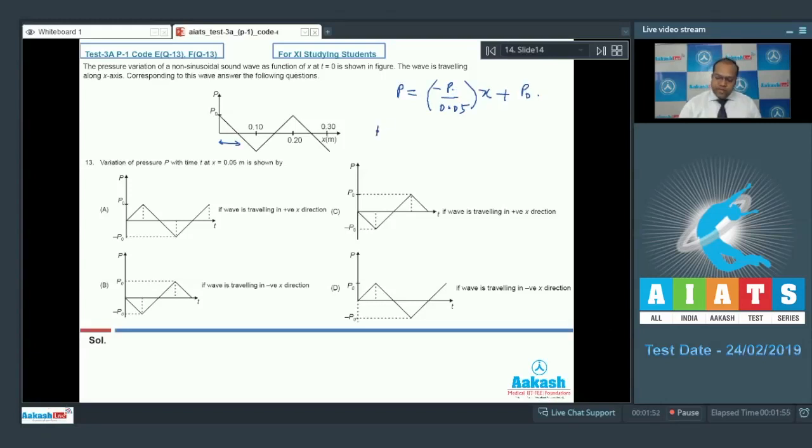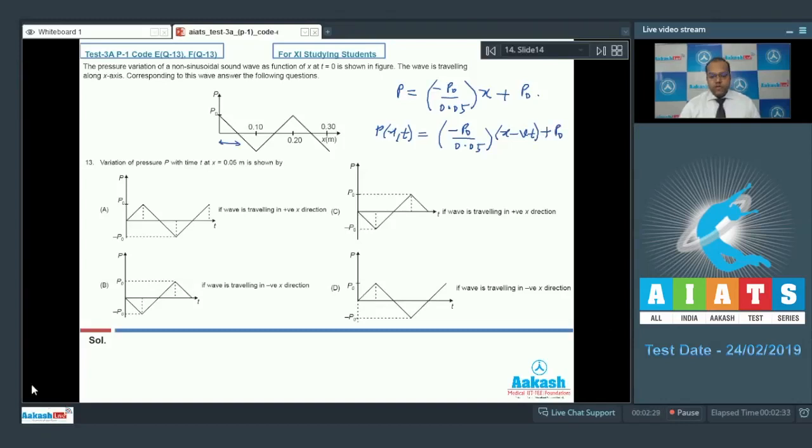If I write this as P as a function of x comma t, then if the wave is traveling in the positive x direction, x is replaced by x minus vt. So it can be written as minus P naught divided by 0.05 into (x minus vt) plus P naught.